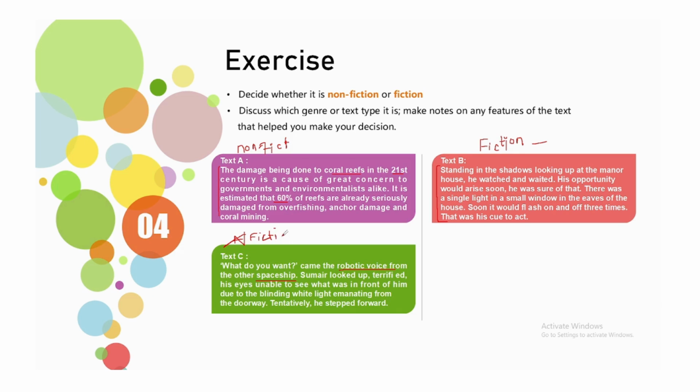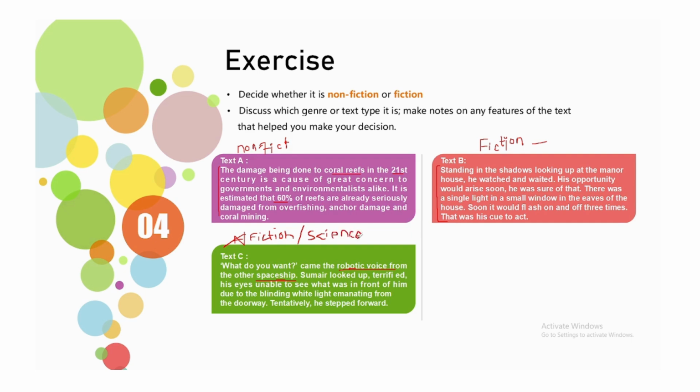So it's a future telling story, means it's totally imagined, and it shows the techniques to present action: third person narration, sense of description, expressive vocabulary. Means we can see that the robotic voice and the spaceship means it's fiction and it's science fiction. Yes, this is how you can identify what the text type is.